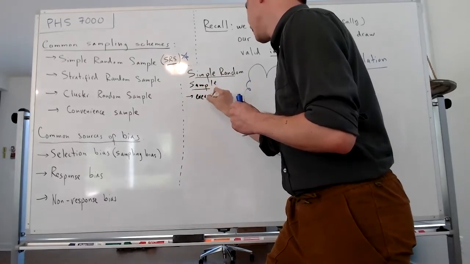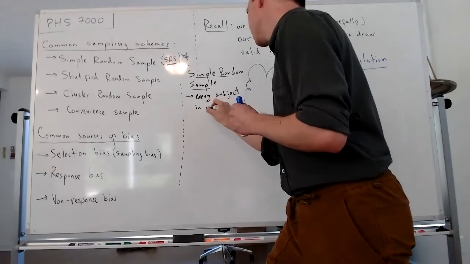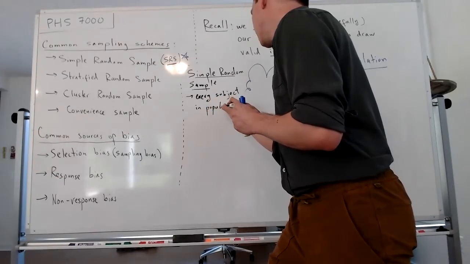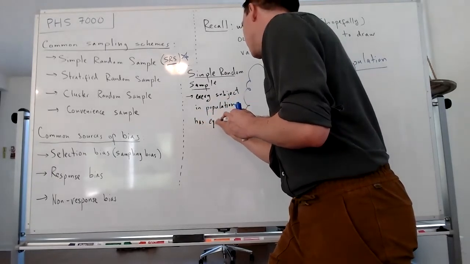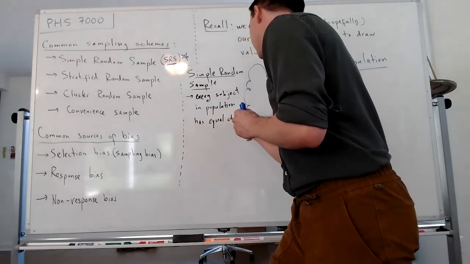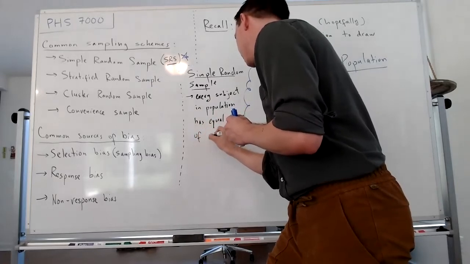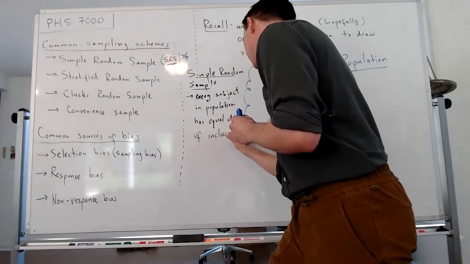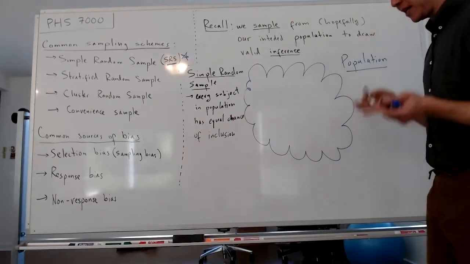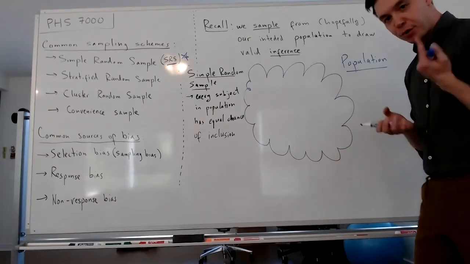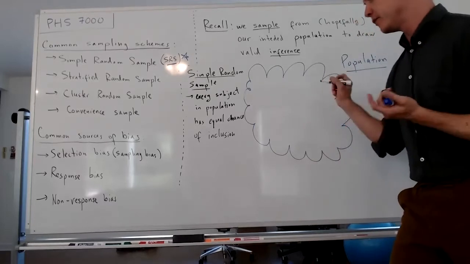Every subject in the population has an equal chance of being included in our sample. Well, that is a beautiful thing. But as you might imagine, that is very difficult to ensure in many realistic cases.